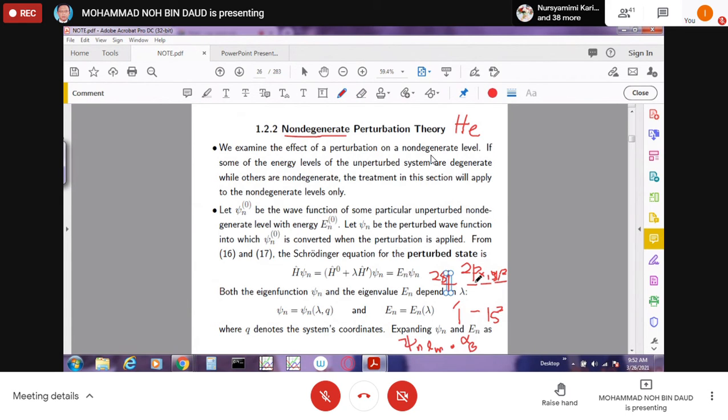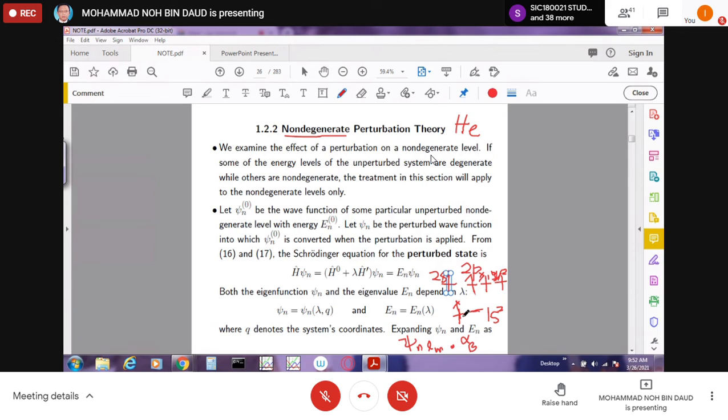Either this one, or this one, or this one, or this one. So the electron could be here, or here, or here, or here. And these two electrons no longer have the same energy.